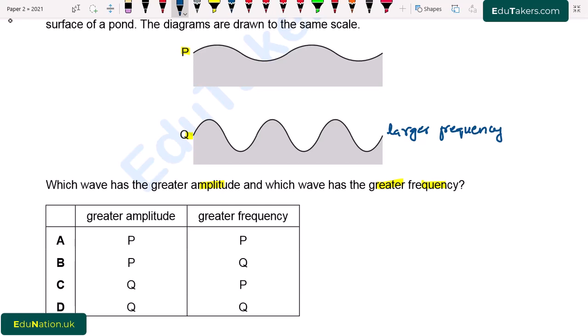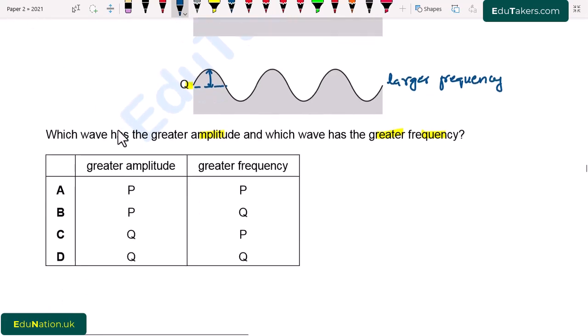So in the case of Q, the amplitude is this, while in the case of P, the amplitude is this. So Q has larger amplitude. Options are greater amplitude, greater frequency. So Q has larger amplitude and frequency. So option D is correct, which contains Q and Q.